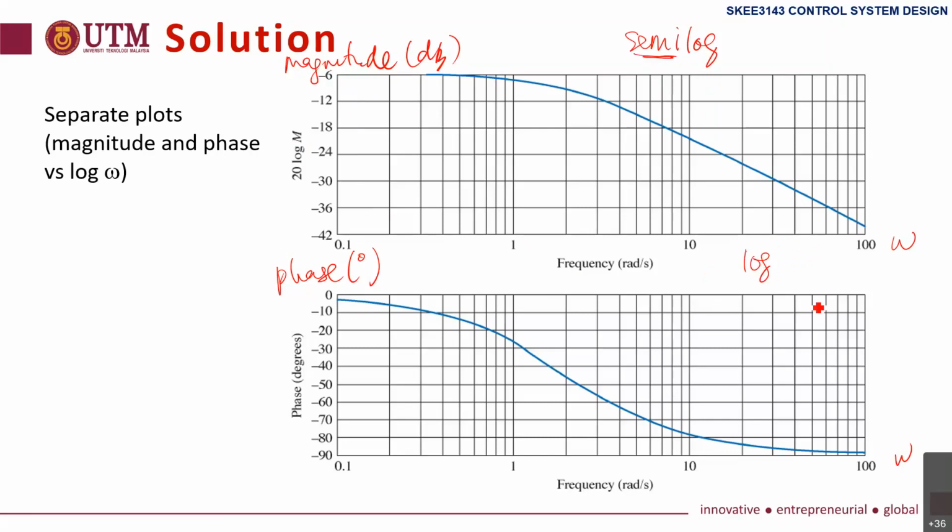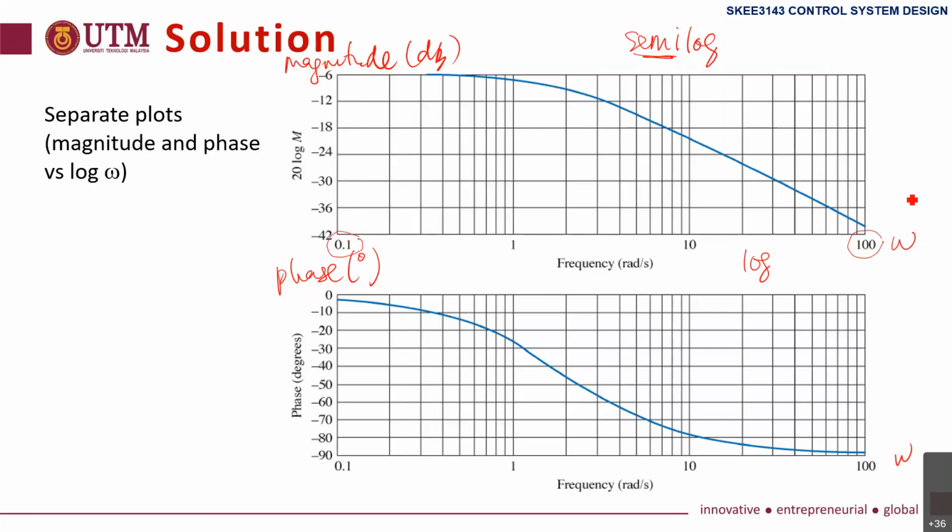Why do we want to use log on the x-axis? Again, because we want to have a wide range of frequency. By using log, we can use 0.1 and 100 in one graph.